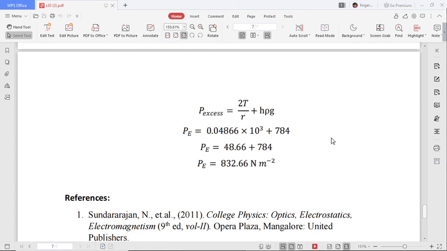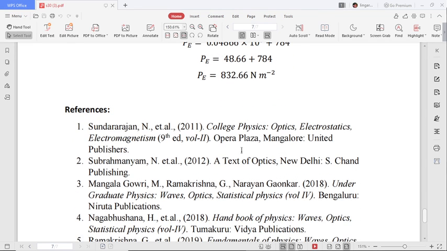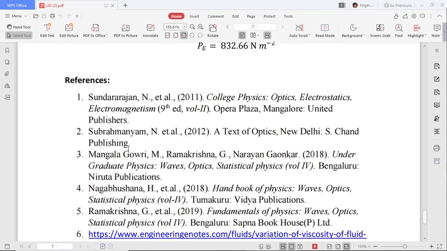Okay? So all these problems I have brought from many different prescribed and reference books relevant to our Tumkur University syllabus. First is Sundarajan N, who has written a college physics book, the topic being Optics and Electrostatics, Electromagnetism. Next is Subramaniam, A Textbook of Optics.